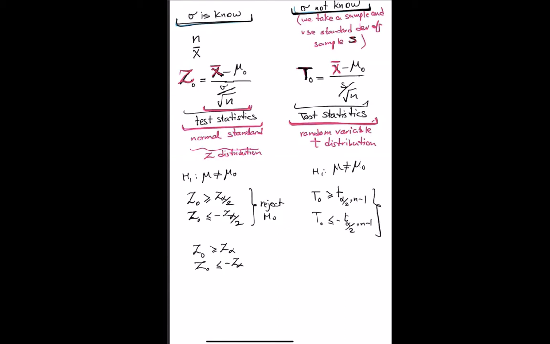And if the test statistic is in any one of these ranges, then we reject H null. Otherwise not. And if it's one-sided, then I compare the test statistic only with one of t of alpha, n minus 1 or minus t of alpha, n minus 1.